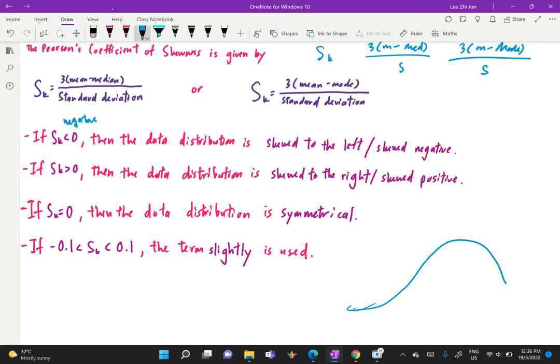If Sk is bigger than 0, positive, then the data distribution is skewed to the right, skewed positive. If Sk equals 0, then the distribution is symmetrical.